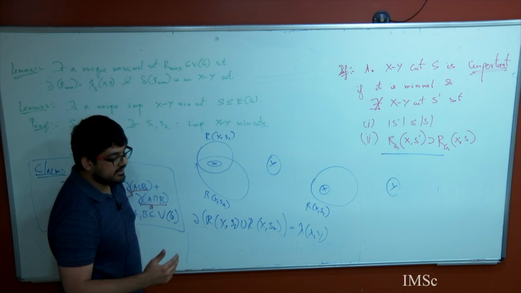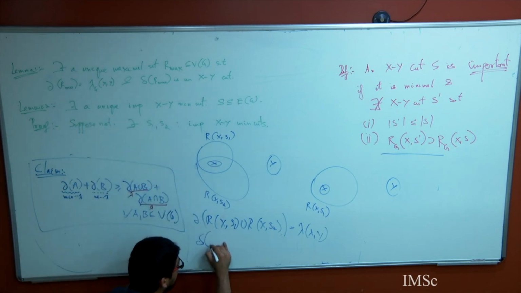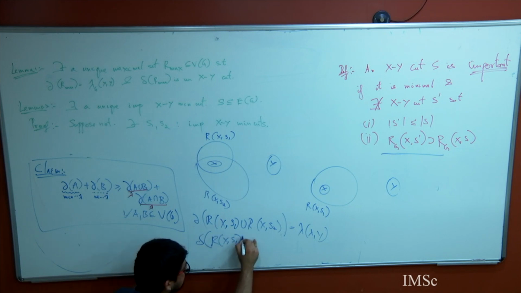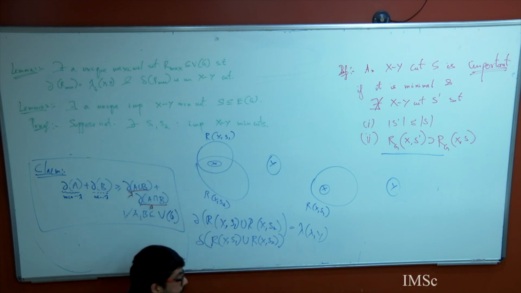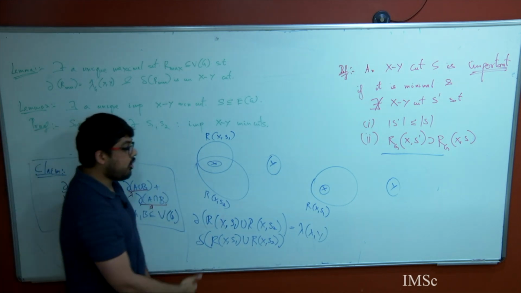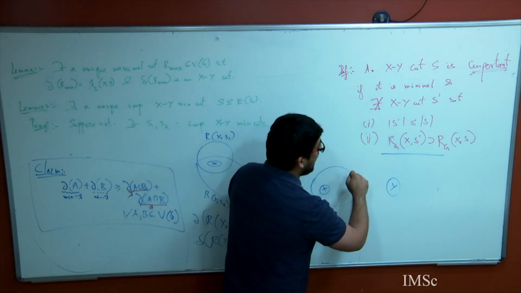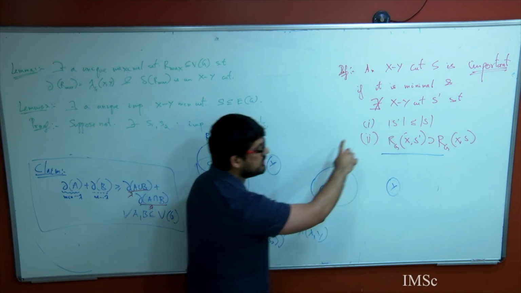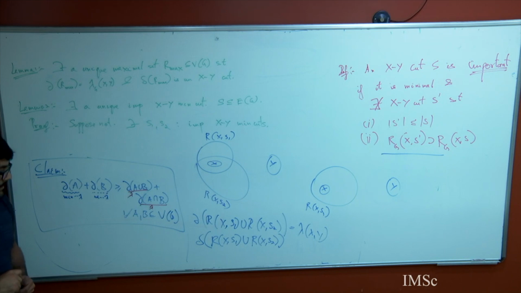Which means that the delta of this set is now a minimum xy cut that contradicts the choice of S1 and or S2 as an important cut according to this definition. I'll pause for a while here and let you ask questions.